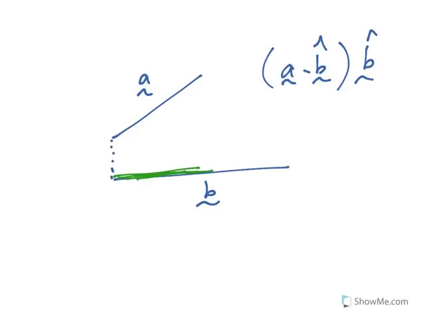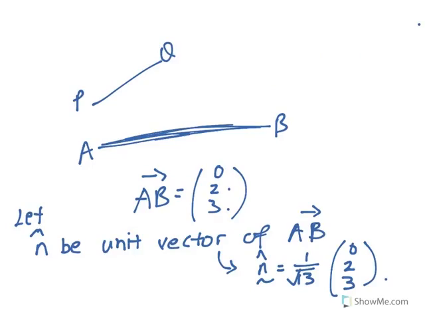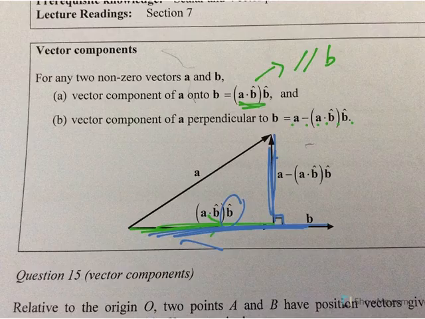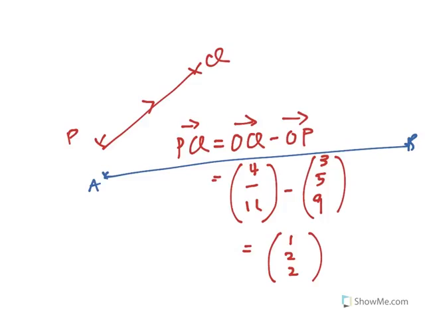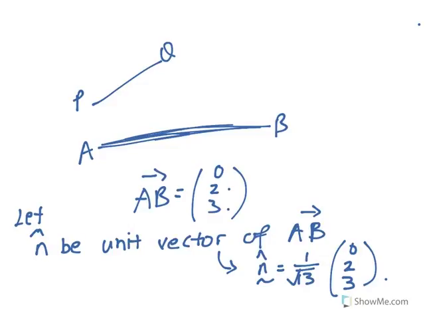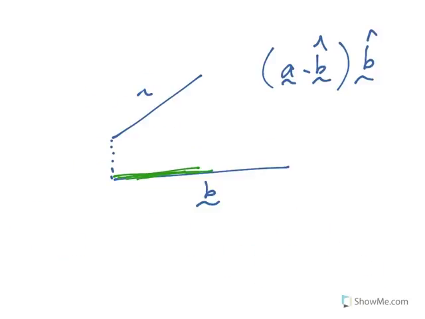If we use our question, the A over here refers to PQ. What is PQ? PQ is 1, 2, 2. Our A over here refers to PQ, which is 1, 2, 2. This is P, this is Q. Next, what is AB?